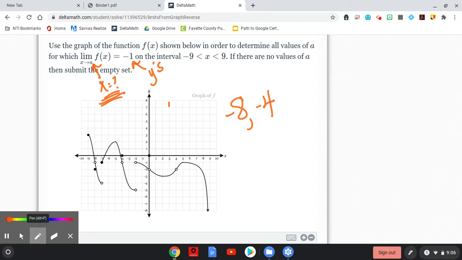But if I try to get there from the right and from the left, see how they don't meet up in the same place? That's not an x value where the limit would exist. And then finally, we have this value right here. If I approach from the left and approach from the right, I end up at -1, and that x value is 5.